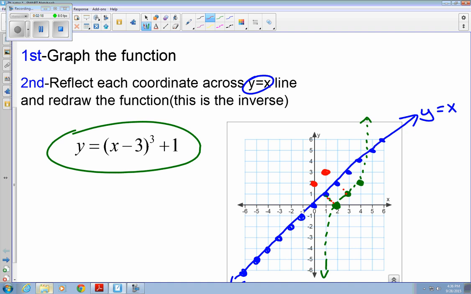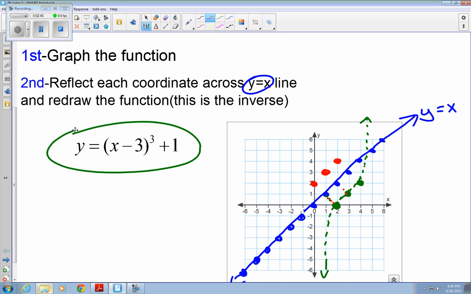And (4, 2), we reflect that across the line of y equals x, it will become (2, 4).